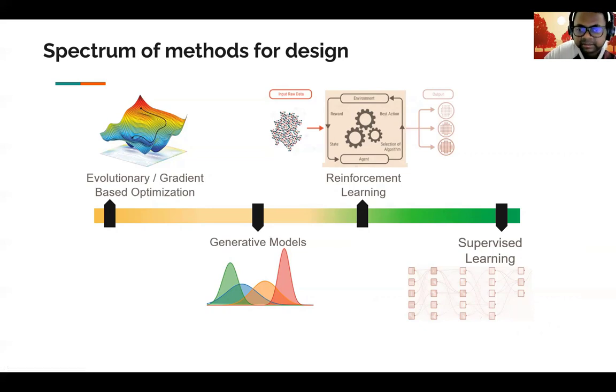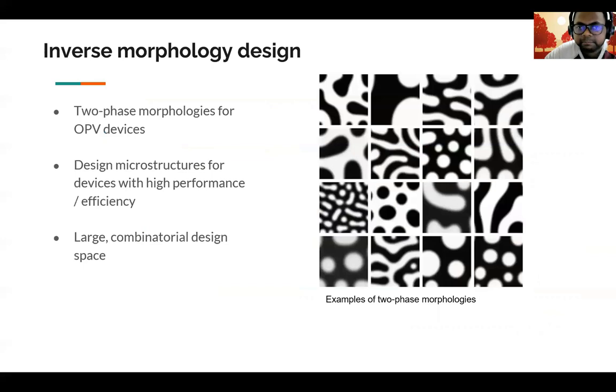So with this context, let's look at a problem which we have been trying to solve. This is a problem of inverse morphology design for organic photovoltaic cells. Here, we would like to design microstructures which have high performance or efficiency in terms of the current-voltage properties and everything.